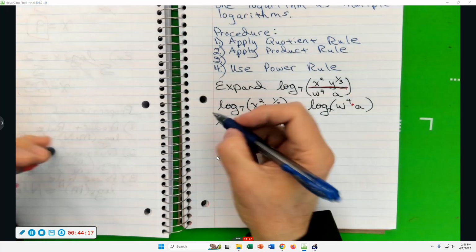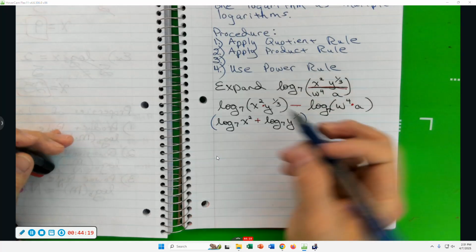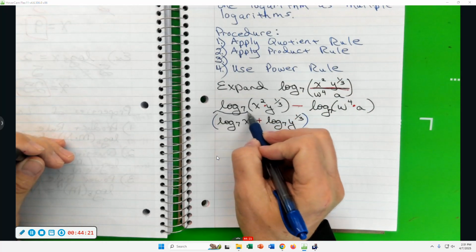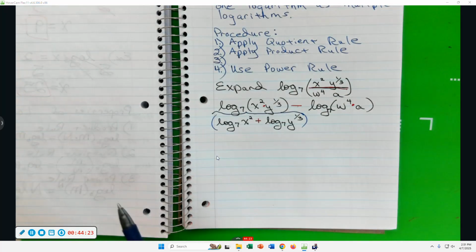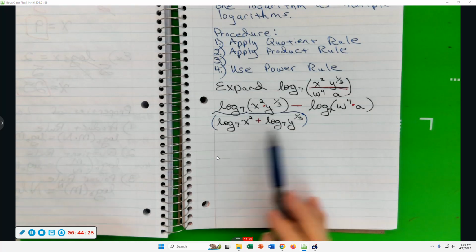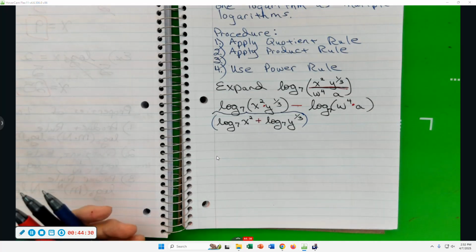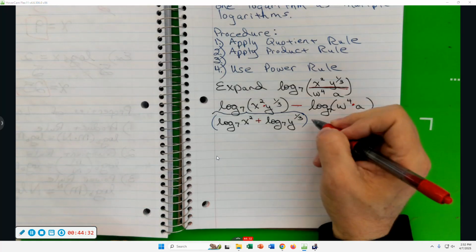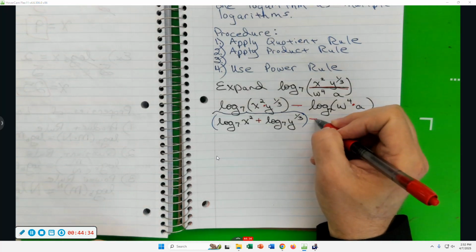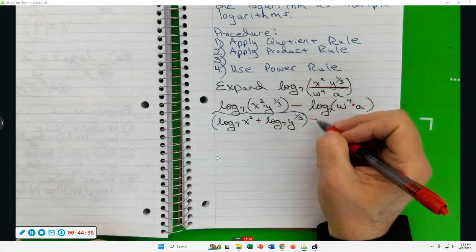All of that stuff, these first 2 terms, came from that first logarithm there. Notice how I enclosed these 2 logarithms in parentheses. Then we have a minus. This red minus is that red minus there.